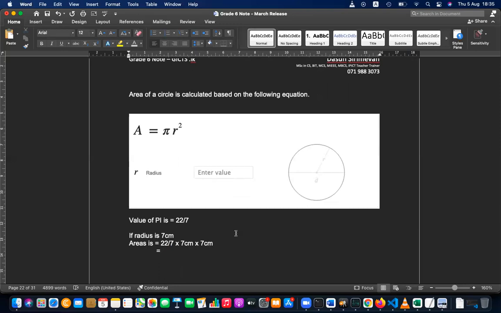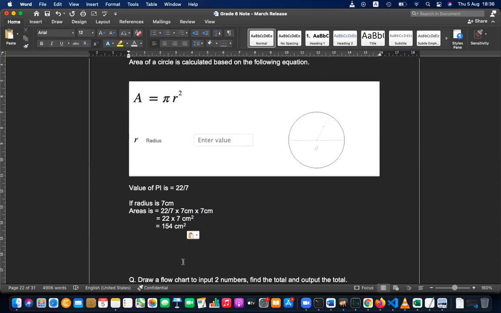Then 22 remains. 22 into 7 centimeters, but square centimeters, is equal to 154 square centimeters. This is how you find the area of a circle.